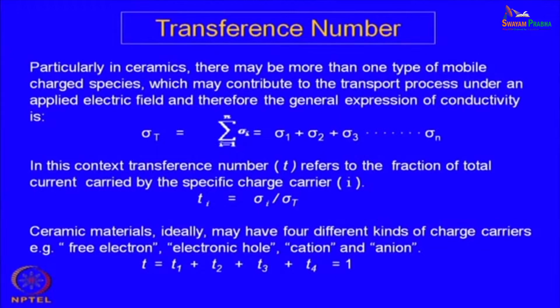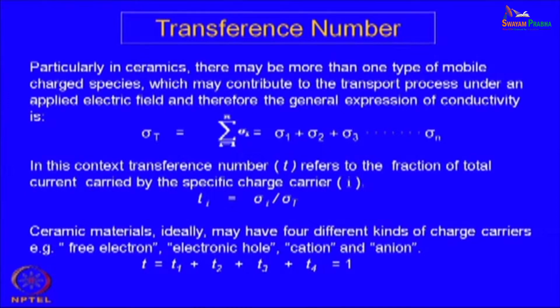So, in that context, a transference number refers to the fraction of total current carried by the specific charge carrier i, or the fraction of the total current which is being carried by that particular species, that is ith species.